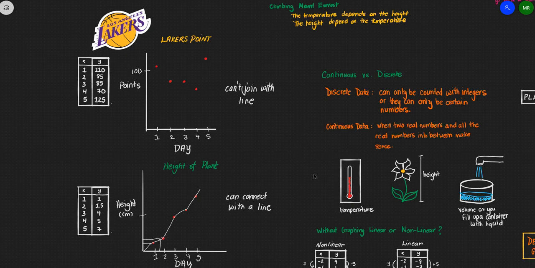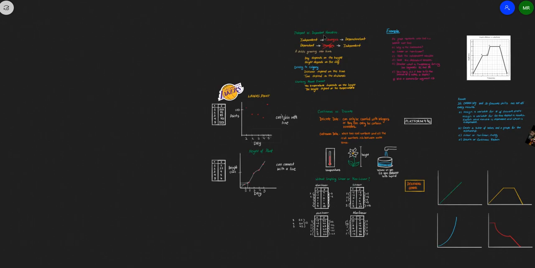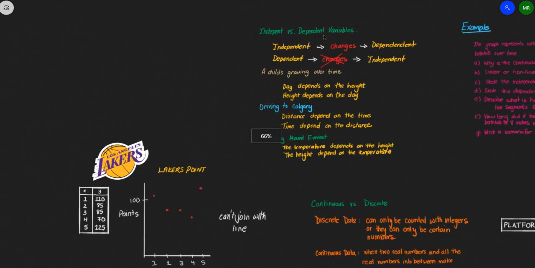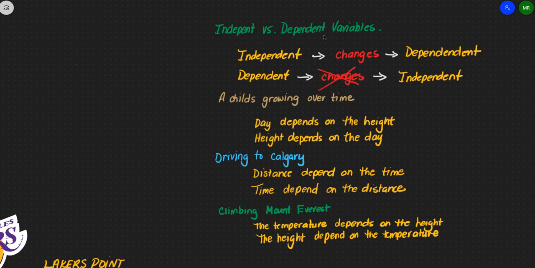Let's move on to another one that we use, and that's independent versus dependent variables. Now, in our Lakers example and our plant example, we had days on the x-axis and we also had another variable on the y-axis, and height was one of them.